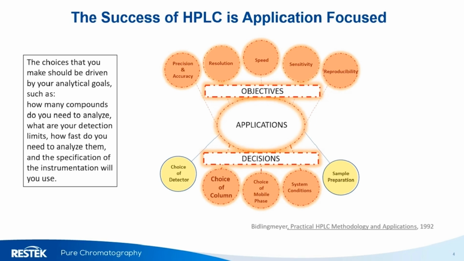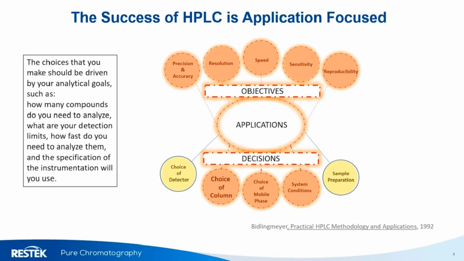Will you be doing recovery samples and calibration curves along with your sets where you need highly reproducible results in order to achieve good linearity and recovery? These are your objectives related to your application.